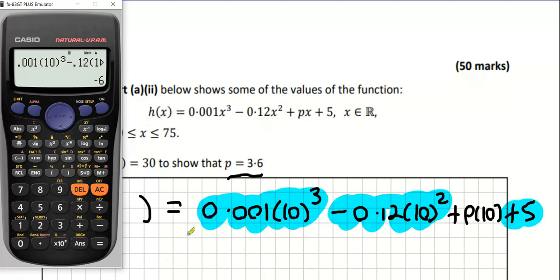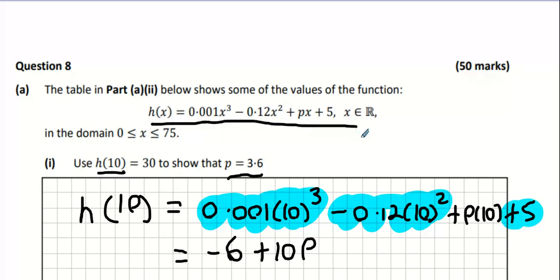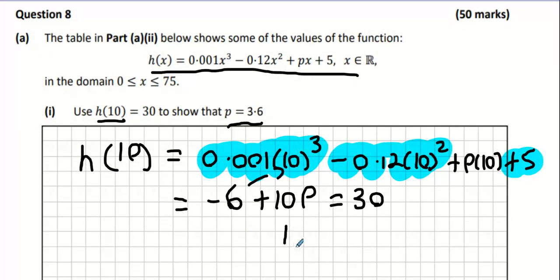So I'm going to get minus 6 plus 10p. Anytime I replace h(x) with 10, the answer to that is 30. Then I'm going to bring the 6 over the other side. I'm going to get 10p equals 36. I'm going to divide 36 by 10, and I'm going to get 3.6.